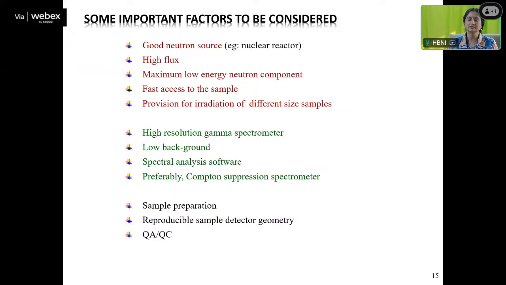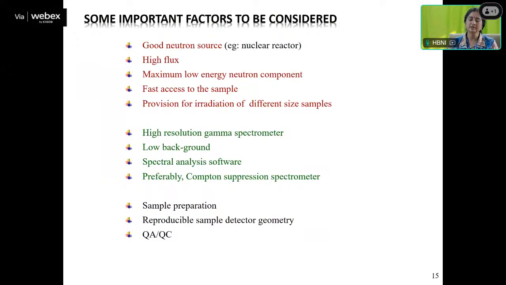So care has to be taken at each step before interpreting the result. Now, some important factors to be considered during this process are the neutron source. You have to get a good neutron source having high flux, because the more the flux, the more the sensitivity.